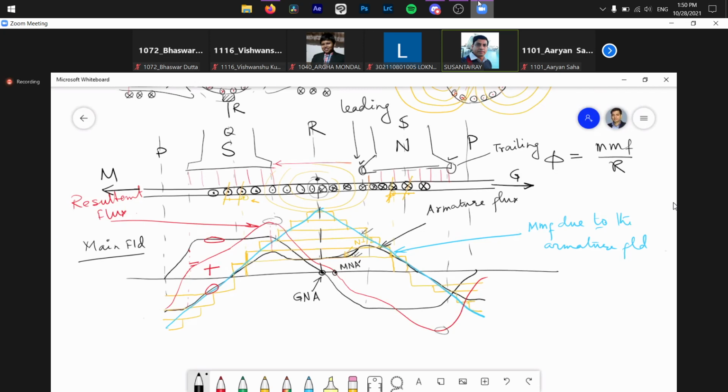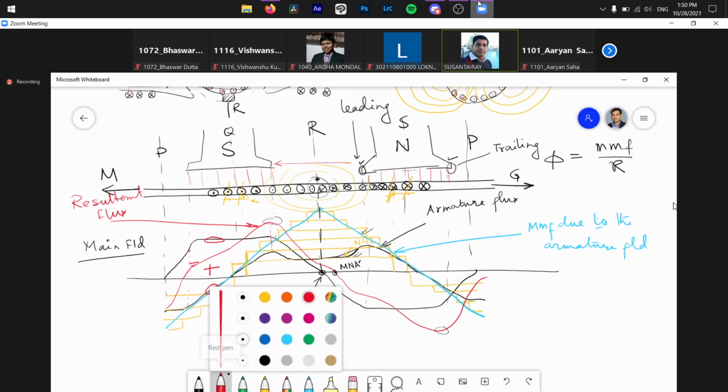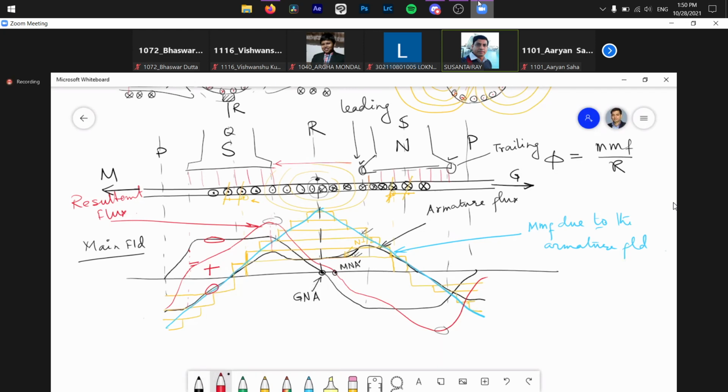Okay, so if your core doesn't allow that increase in magnetic flux, actually you won't get that flux, and you will get less than that. So that means there may be some sort of saturation or some sort of loss of flux due to the saturation. Due to the saturation, you may lose some flux over there, because your magnetic circuit, or magnetic material, may not support that increase in flux.